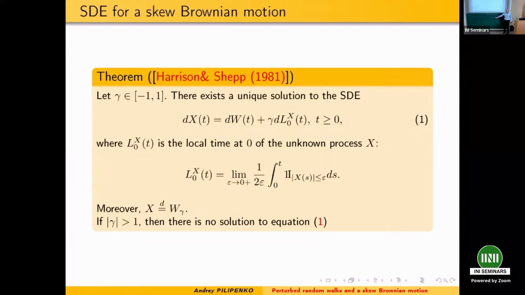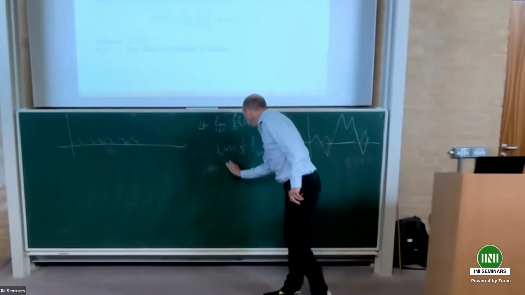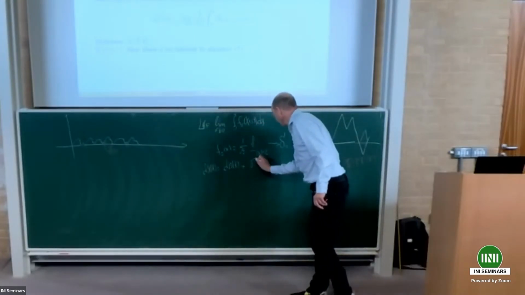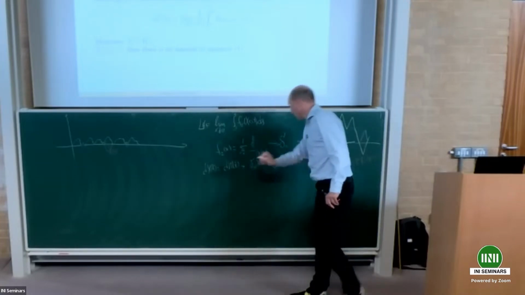This function converges in generalized sense to a delta function, Dirac delta function concentrated at 0. So sometimes this equation formally can be written in the following way: plus delta of x of s ds.